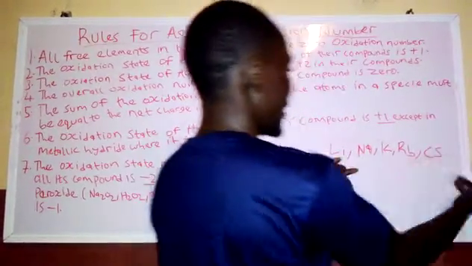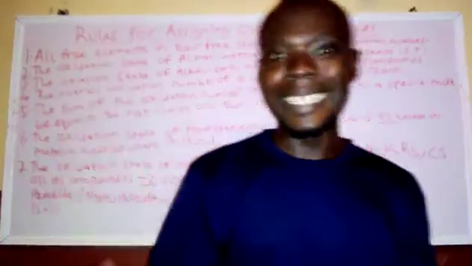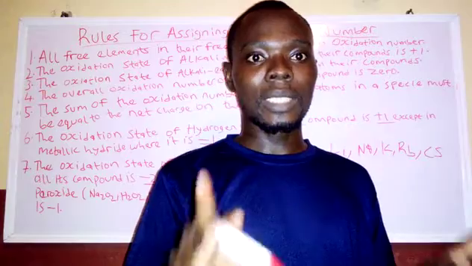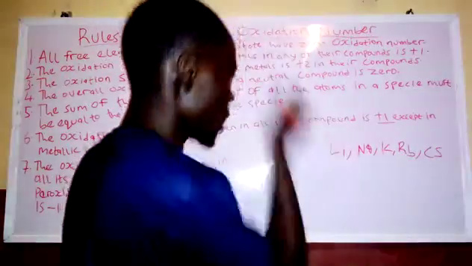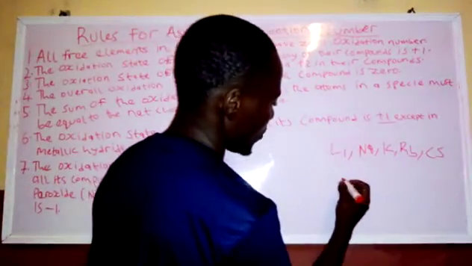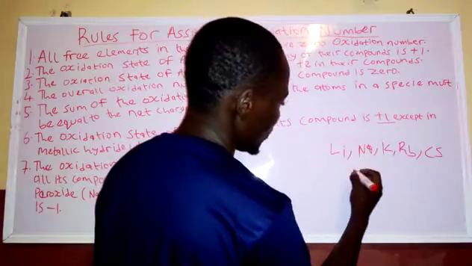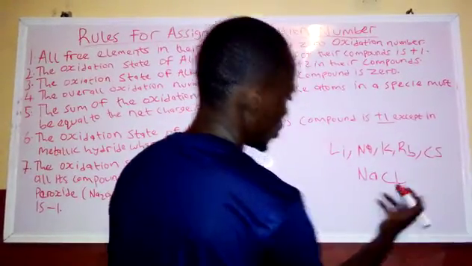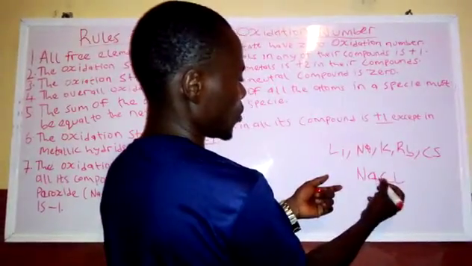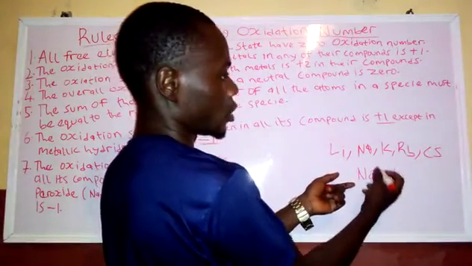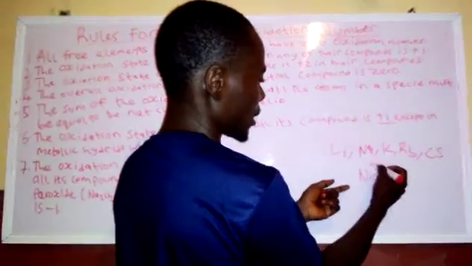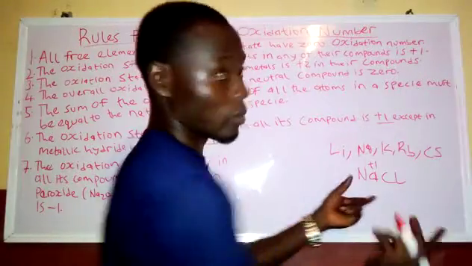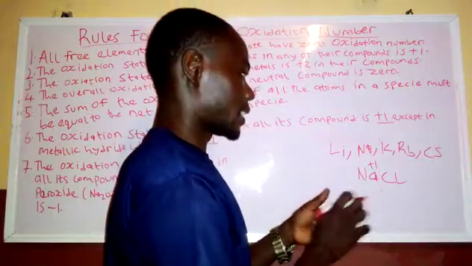The rule says that in any compound you find alkali metals, the oxidation number is always +1. For example, sodium chloride is a compound, and sodium is an alkali metal, so its oxidation number is +1. In sodium hydroxide, the oxidation number of sodium there is also +1.